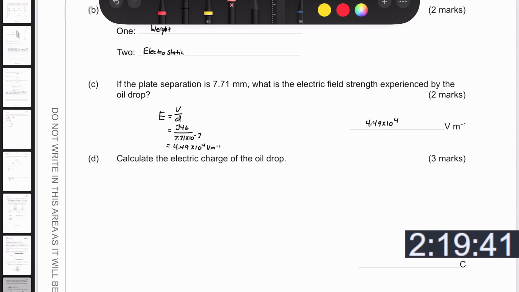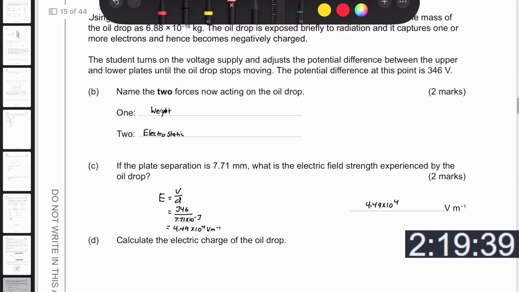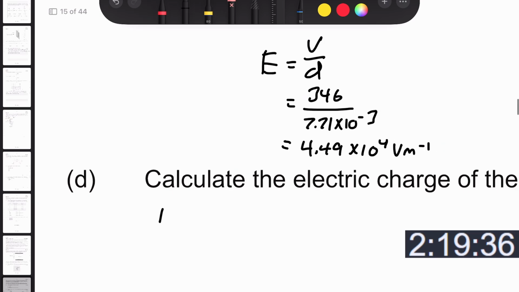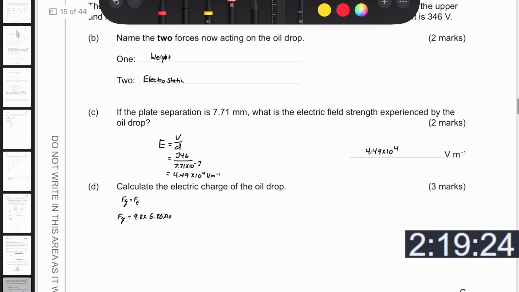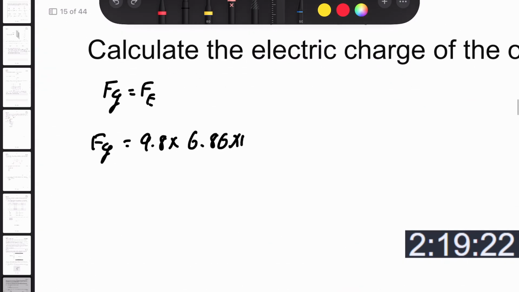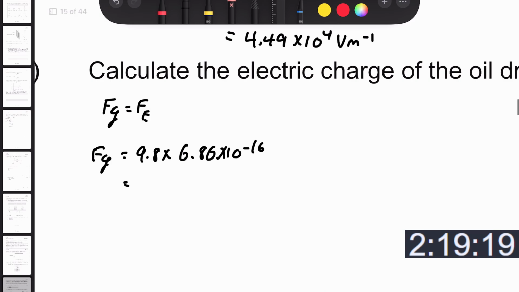Calculate the electric charge of the oil drop. So Fg must equal F of E. Fg is equal to 9.8 times 6.86 times 10 to the negative 16. That is 6.7228 times 10 to the negative 15 newtons.